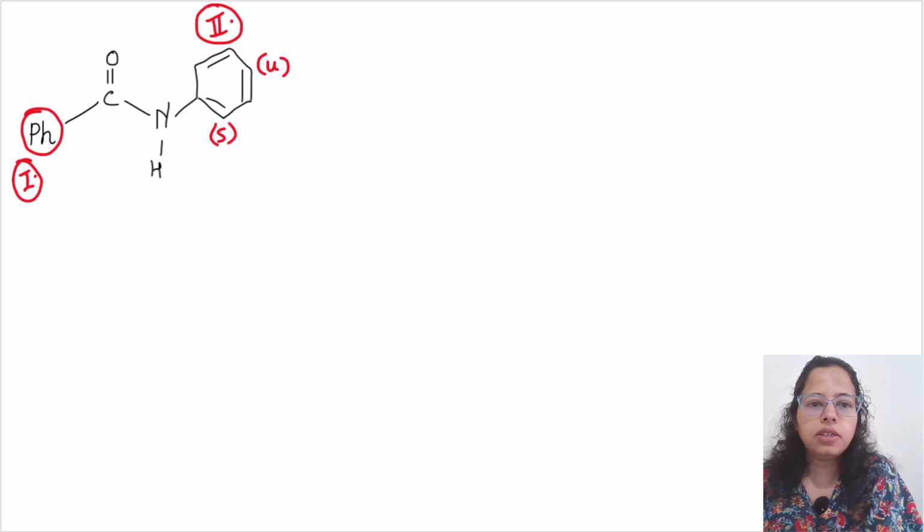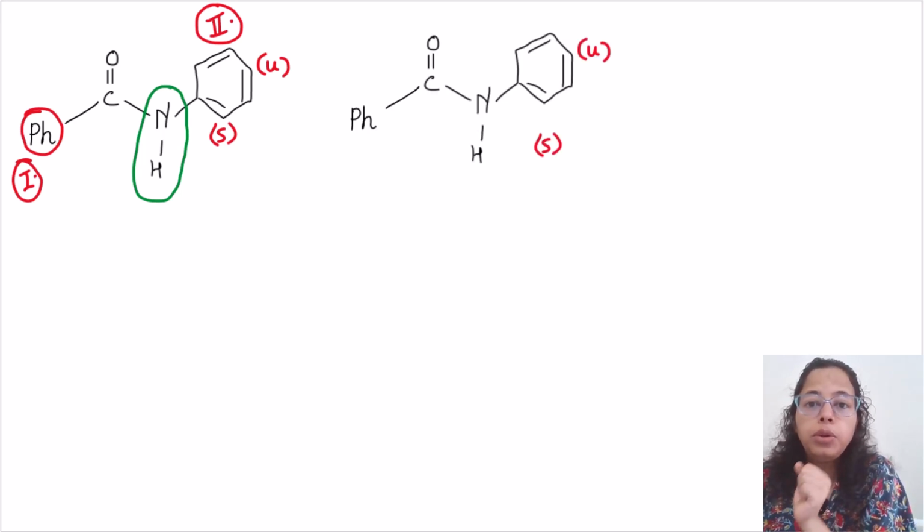And now which group is immediately next to the second benzene ring? The functional group attached directly to the benzene ring is the NH group. And we very well know that in the NH group, nitrogen has a lone pair of electrons, and this lone pair is delocalized onto the benzene ring.